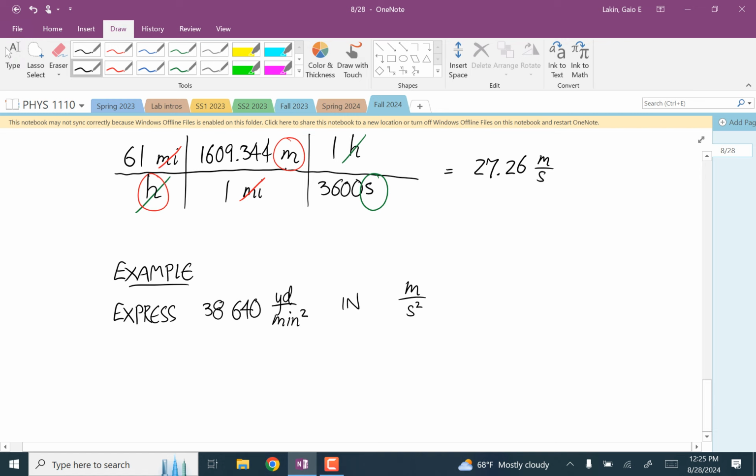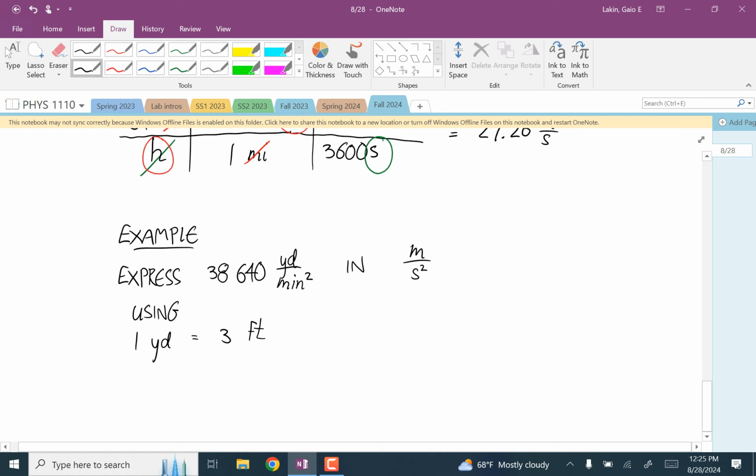And we want to use that 1 yard is equal to 3 feet. One meter is equal to 3.281 feet. And 1 minute is equal to 60 seconds.